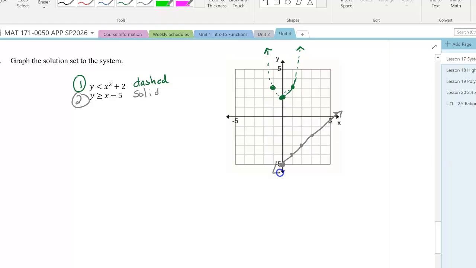Now let's think about shading this one. This one is less than, so we're going to shade below the parabola. That would be down here. And then for the line, it's greater than, which means we would shade above.